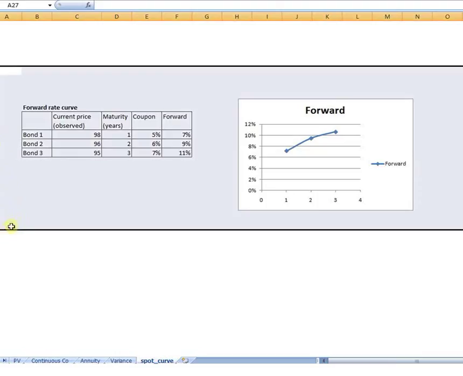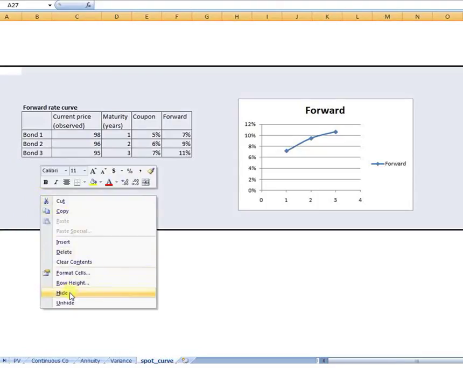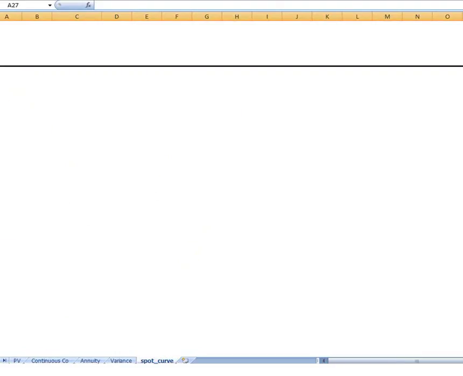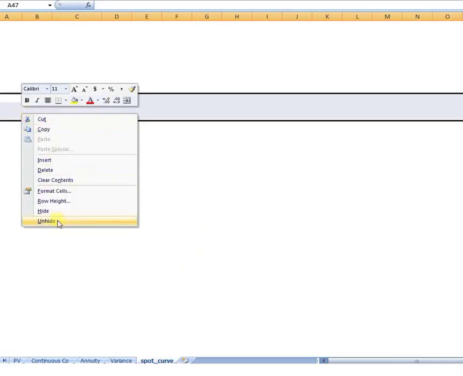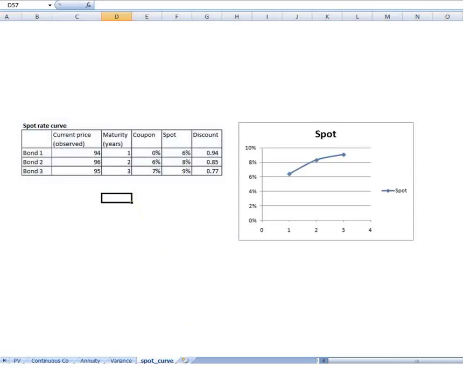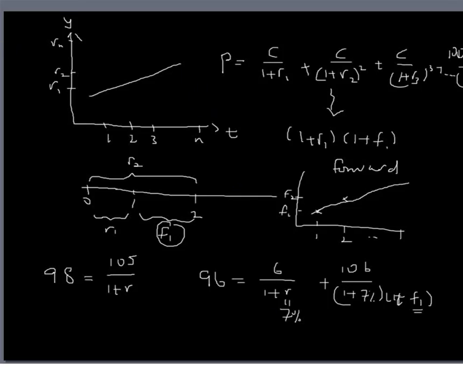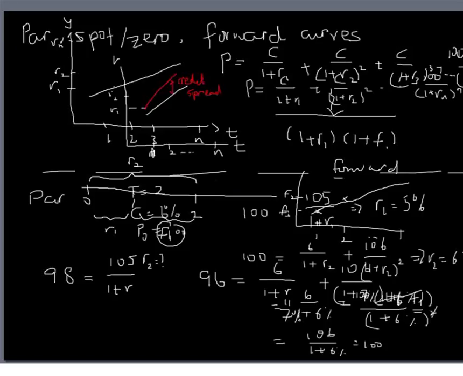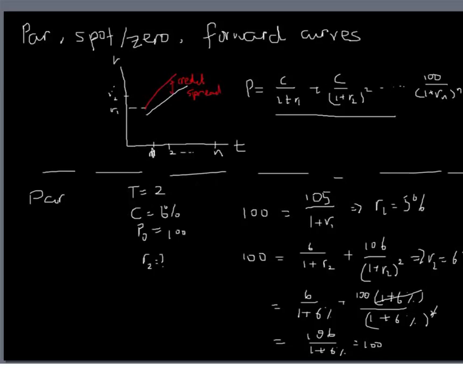Let's move on to the spot rate curve, which is the curve that is most commonly used. Let me look at the first chart that I've drawn. So let's look at the formula again.